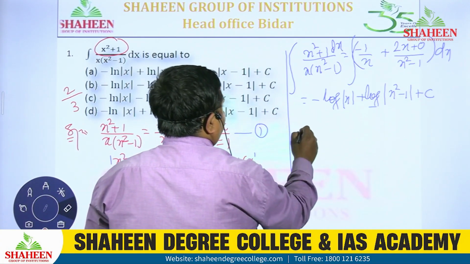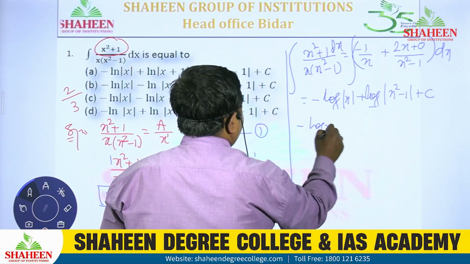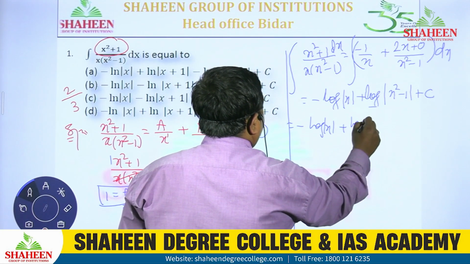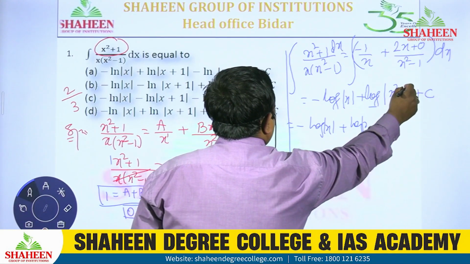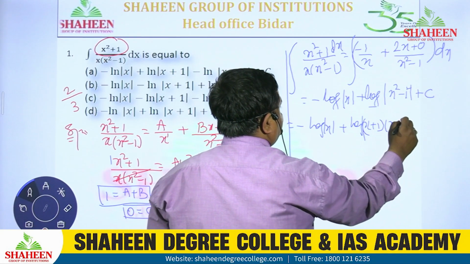This can be written as minus log x plus log of x square minus 1, where x square minus 1 can be written as x plus 1 into x minus 1.